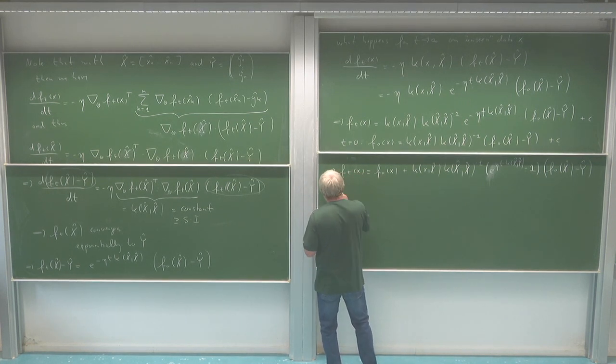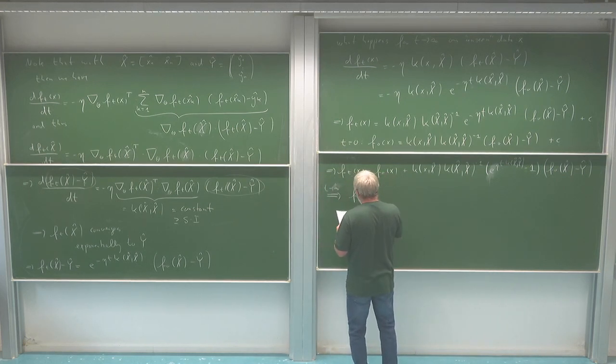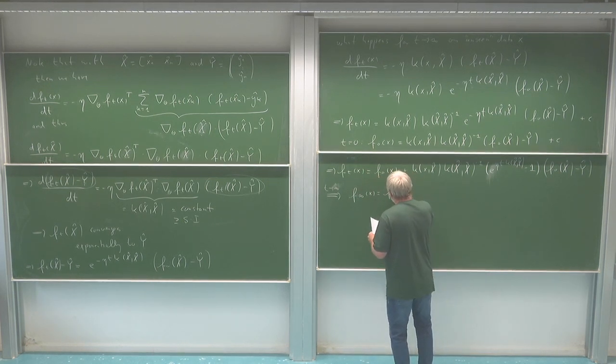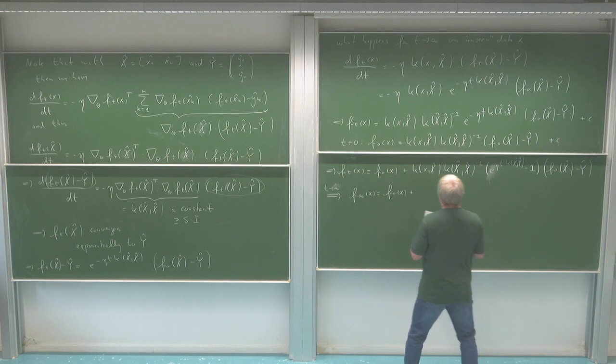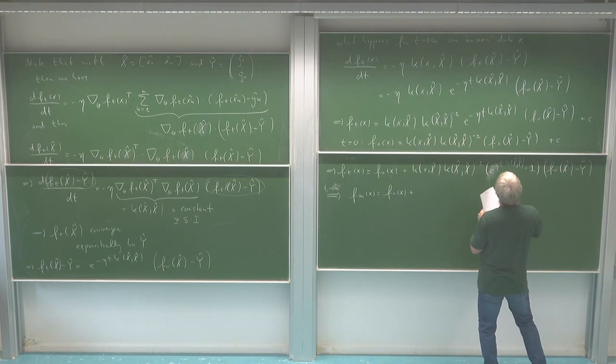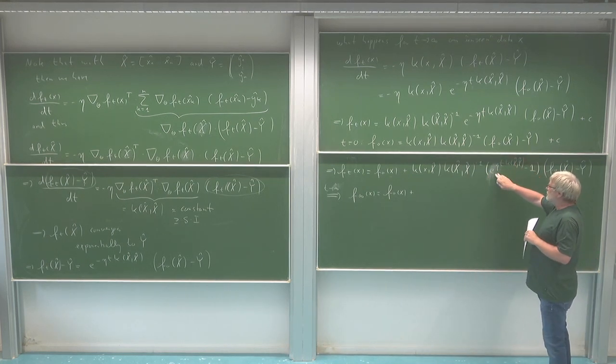So if t goes to infinity, I get my function at the end of training. So this is now this f0 of x here, plus, okay, essentially I have all those terms, only with t going to infinity, and of course I had a minus here, e to the minus eta, which means this guy here goes to 0. And I'm just left with this minus 1.